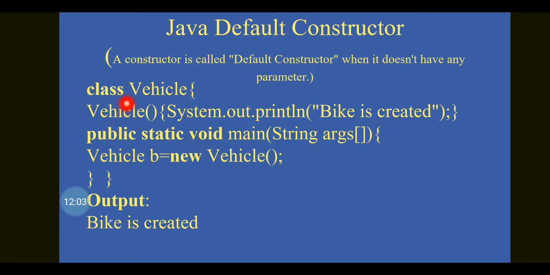So Vehicle() will be called automatically, and within it "Bike is created" will be printed. When you execute this program, you will get the output like this. Have a look at this for a few seconds.